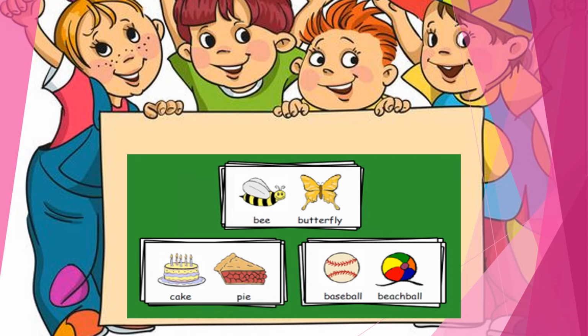The butterfly has wings, a pair of wings. And of course, they both fly. Because they have wings, they can fly, right? So they both have wings and both of them can fly.